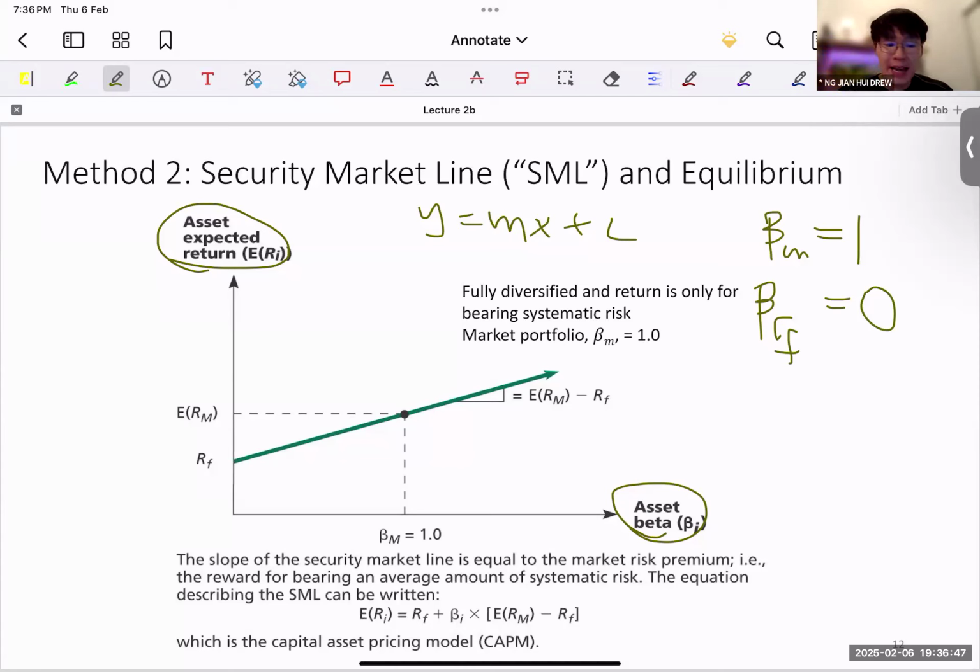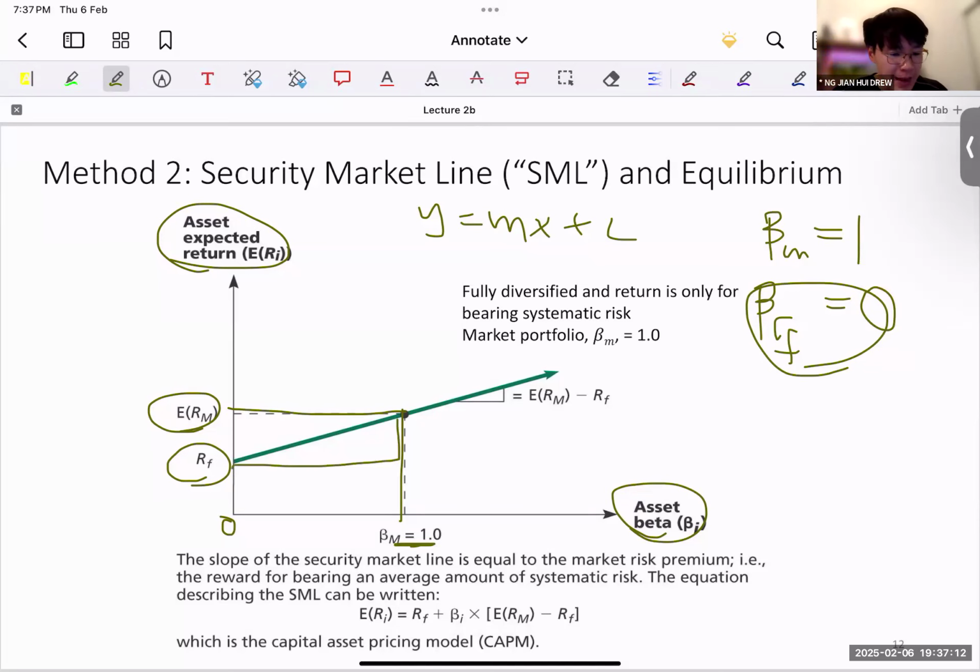Once I have my x and y axes, I can plot my market beta at 1 here, and this will give me market returns. Now, I know that the beta of the risk-free asset is 0, so this is 0, and this is my risk-free return, Rf, the return on, let's say, government bonds. Given that I have two points, now I can use the gradient formula.